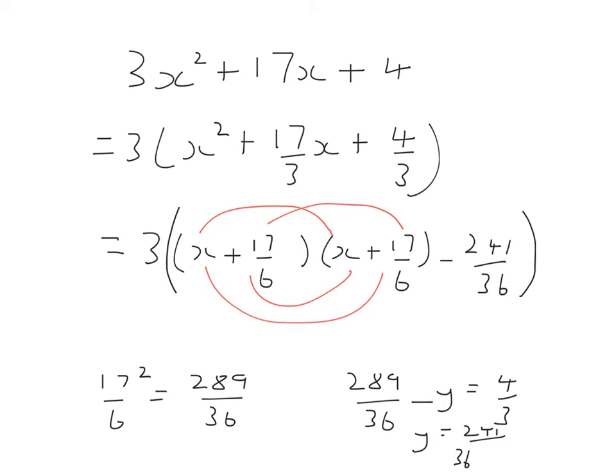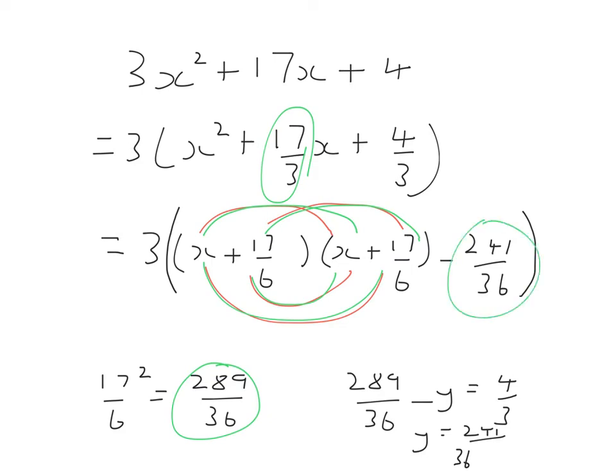So let's just check what's happened now. Let's do it in green this time. x times x is x squared. 17/6 plus 17/6, that's 34/6. 34/6 is the same as 17/3, so that's okay. 17/6 times 17/6 is 289 over 36. 289 over 36 minus 241 over 36, that is 48 over 36, and 48 over 36 cancels down to be 4/3.